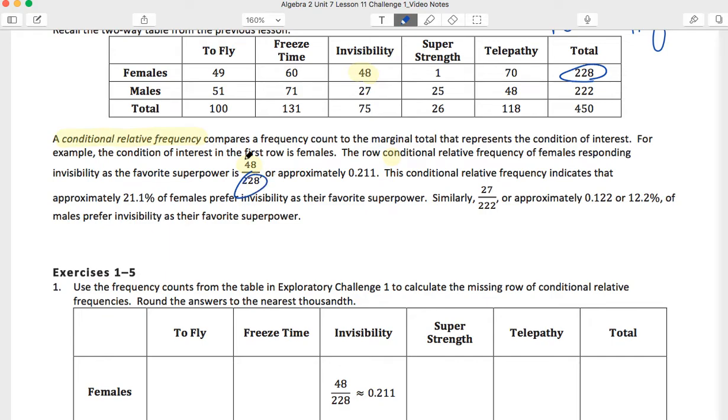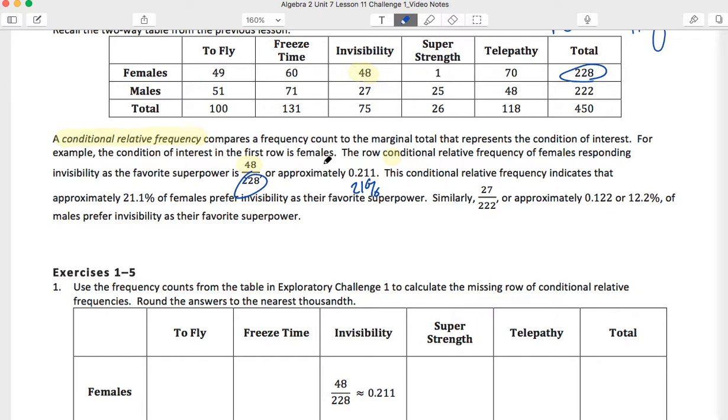So what is the percentage of all the females who chose invisibility versus just in total? And that's 0.211, or 21%. This conditional relative frequency indicates that approximately 21.1% of females prefer invisibility as their favorite superpower. So in this case, we're just talking about the superpower compared to the condition, which is female.